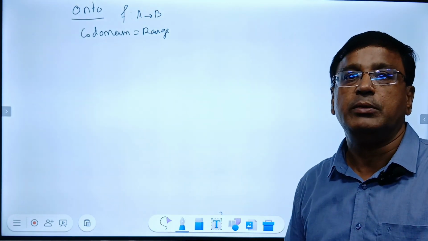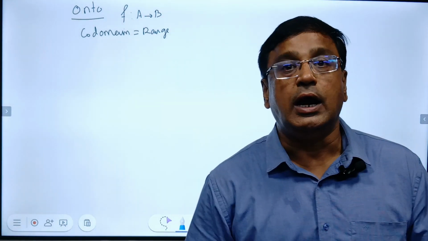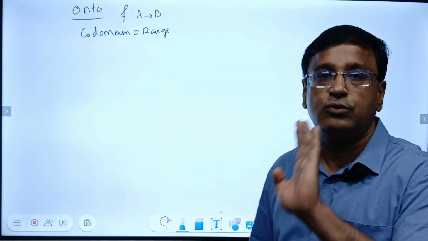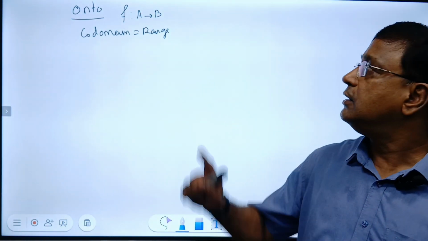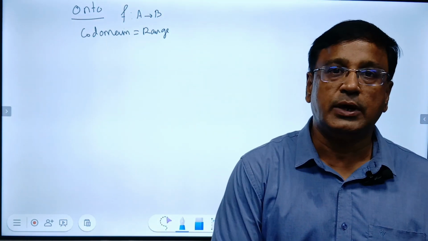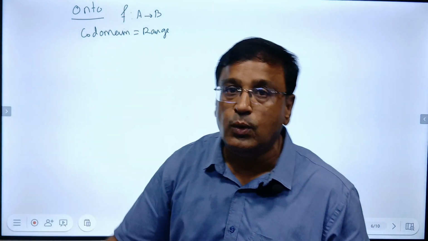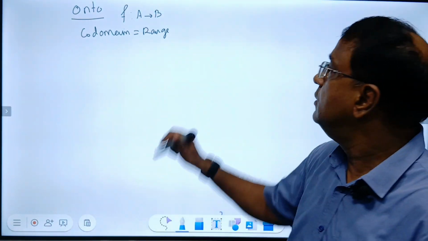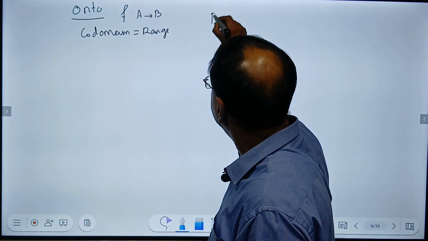No element in the codomain should be left unmapped. Every element should be mapped to some element in B. Then it is called onto. Now if a function is one-to-one and onto, then you call it bijective.